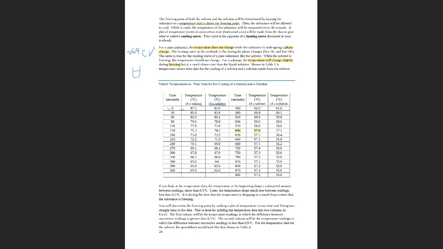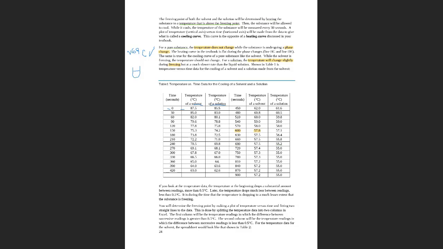So what do we want to obtain from all these graphs? We want the freezing point of the pure solvent and the freezing point of the solution. So we are going to add some unknown solid to the pure solvent and do the same cooling curve for the solution.